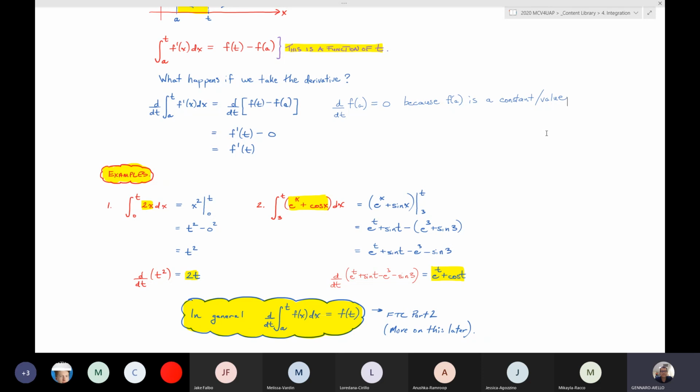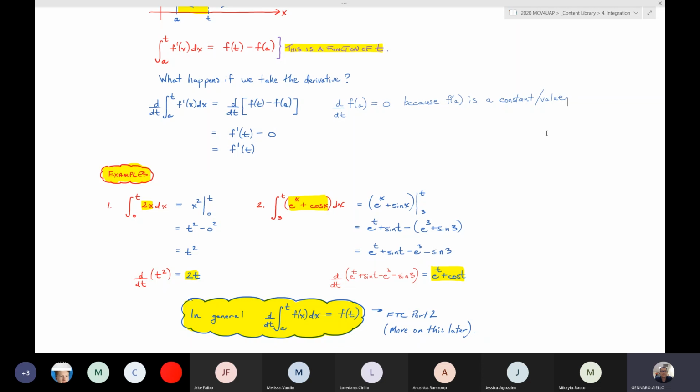Second example, I want the derivative of the integral from 3 to t of e to the x plus cos x dx. So it's a little more involved, but it's the same thing. To find the derivative of that integral, first I need to evaluate the integral. So the integral of e to the x, the antiderivative is e to the x. The antiderivative of cos x is sine x.